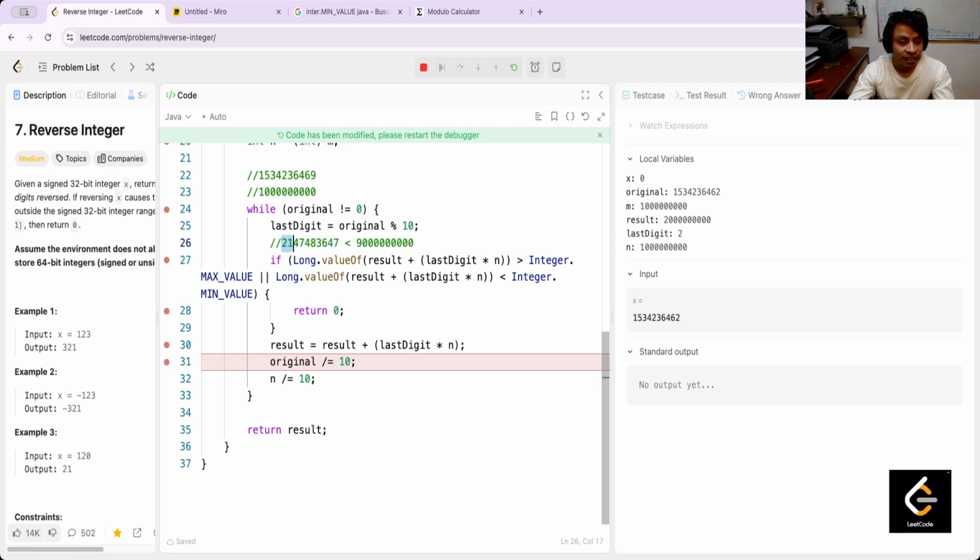A la madre. 2007 millones. Y estos son 90.000 millones. Este, que no entra.